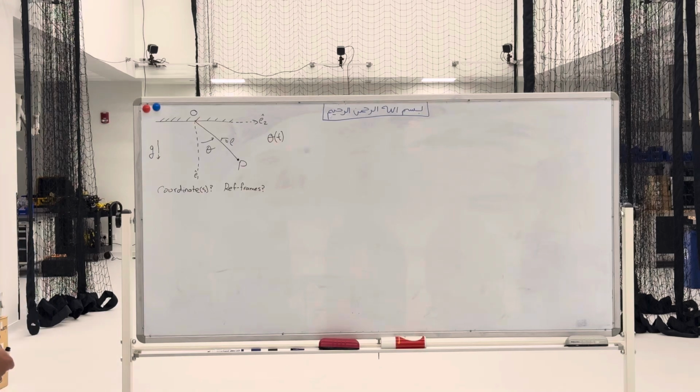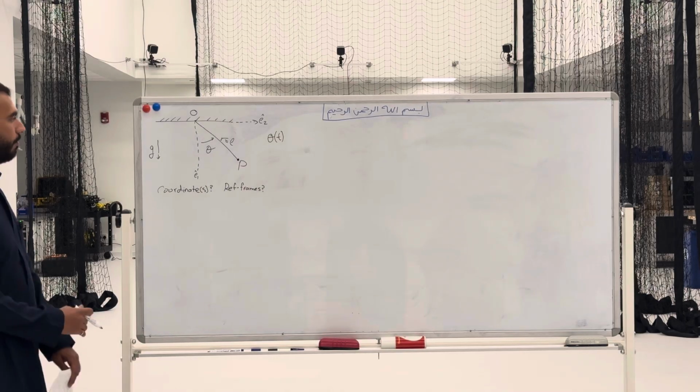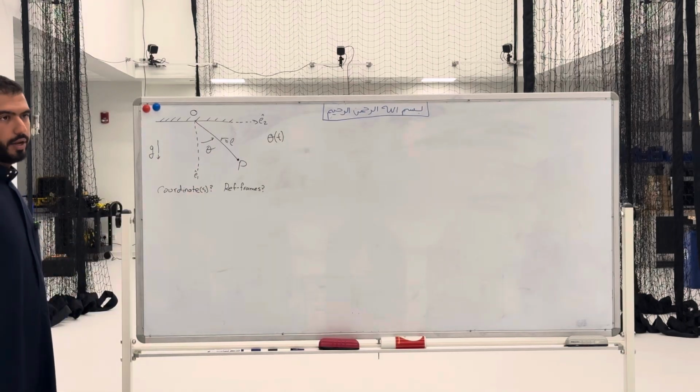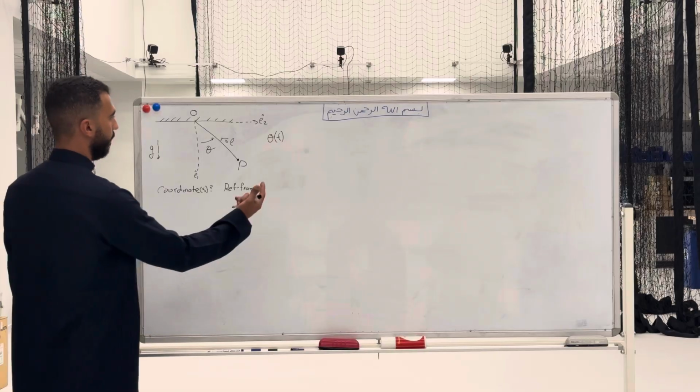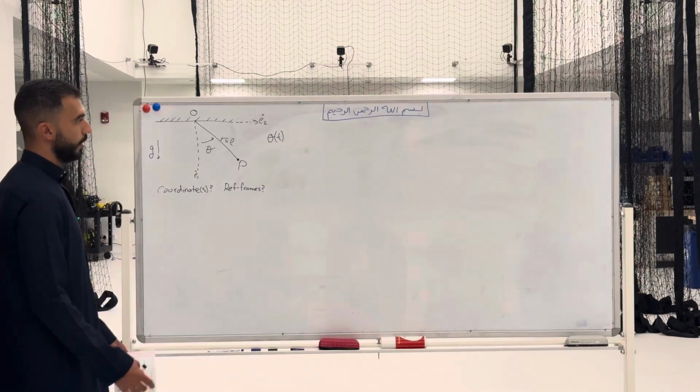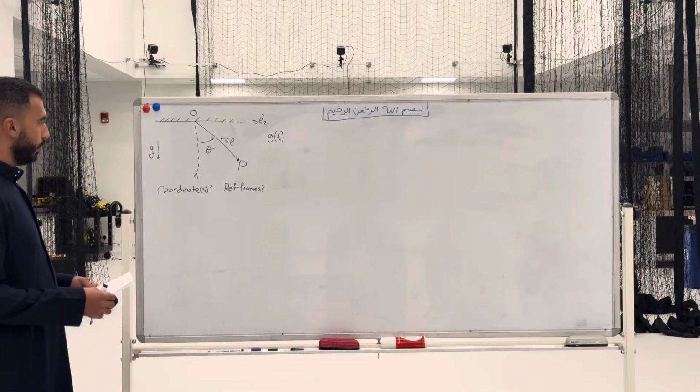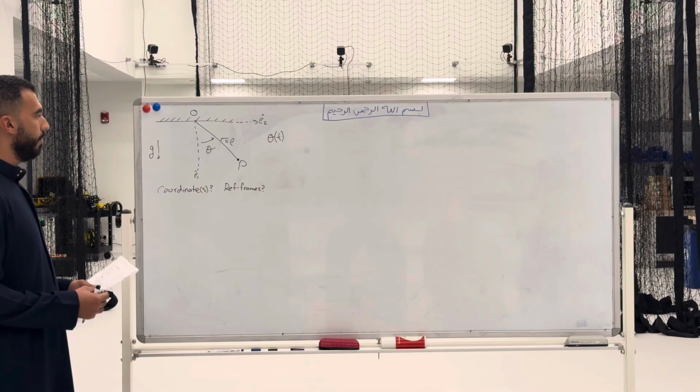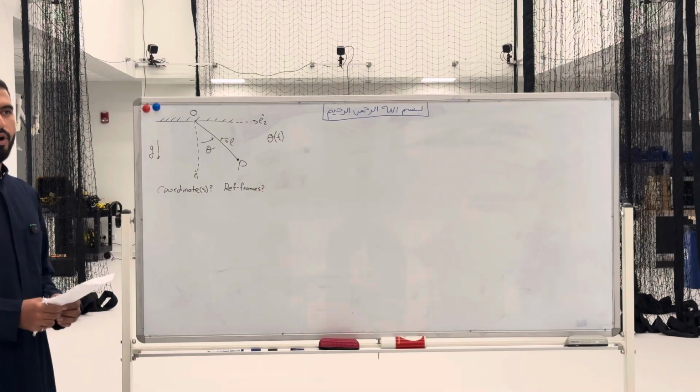Okay, bismillah. Today we have a simple example, but not so simple. We're going to study the dynamics of a simple pendulum. So essentially we need a function of theta of t. So can someone tell me how many coordinates do we have? How many degrees of freedom?